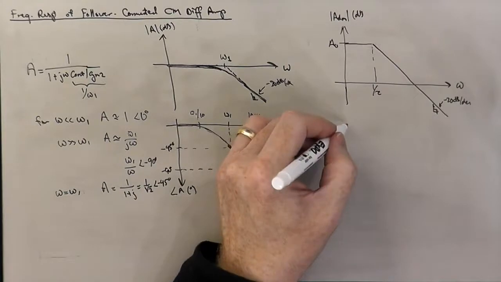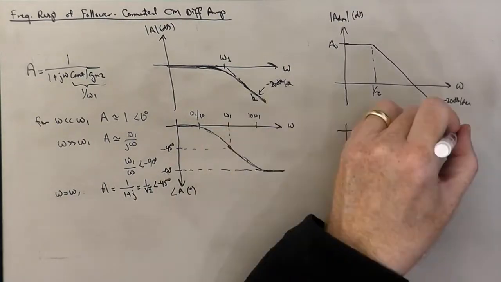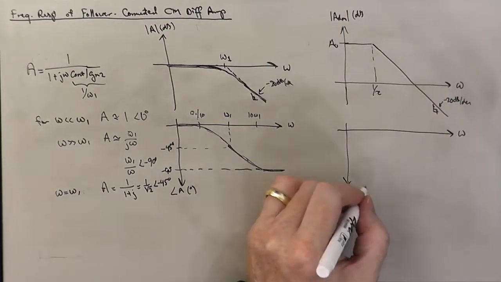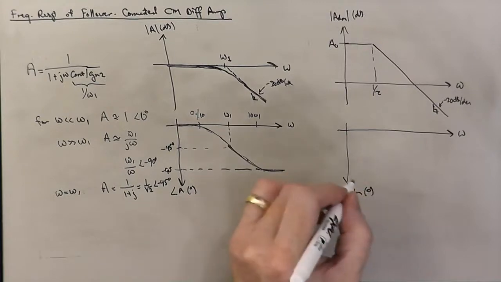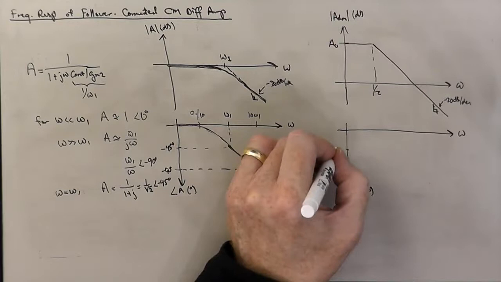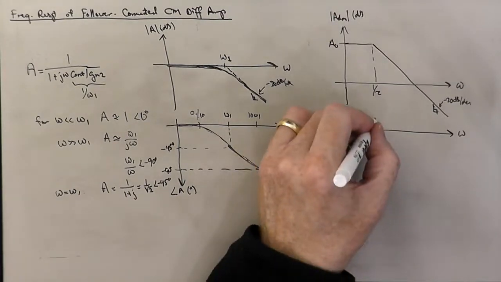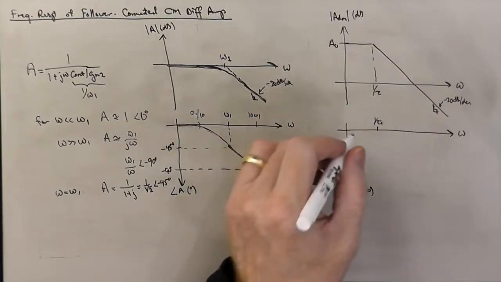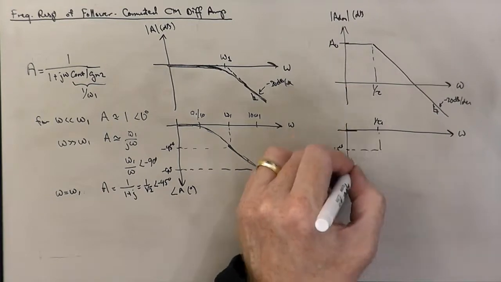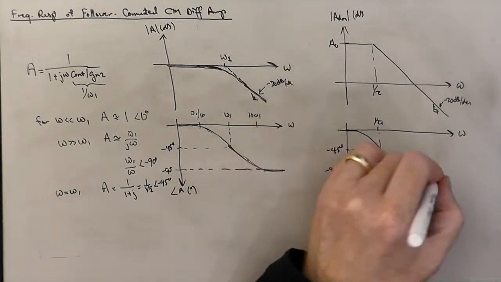We had a similar kind of phase response in degrees. Minus 90, minus 45, and in this case it was at 1 over tau, so it was shifted. Something like that.